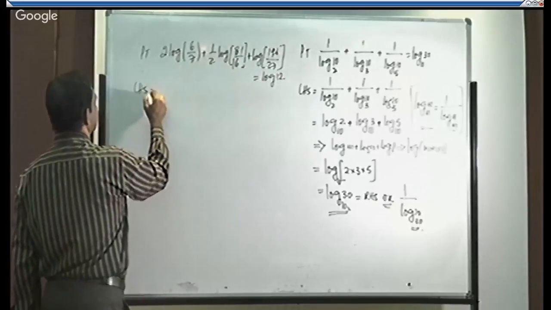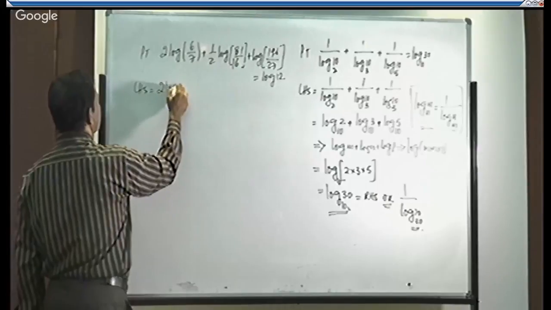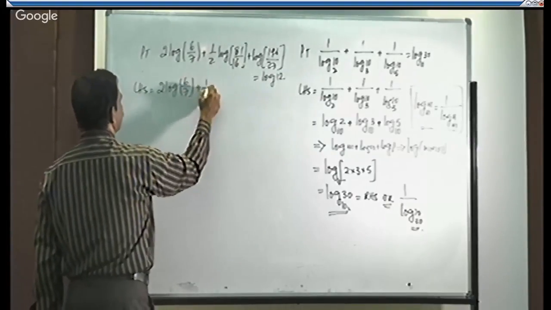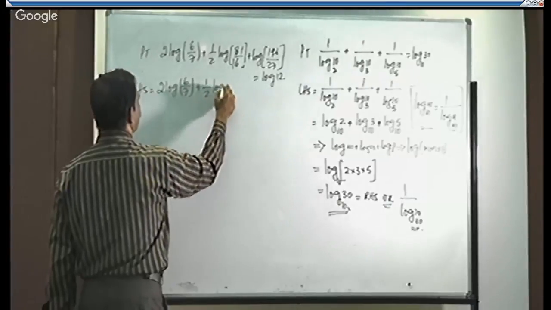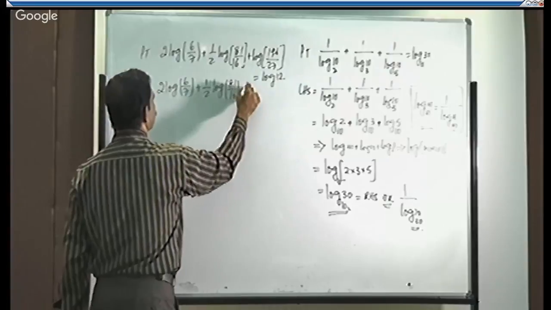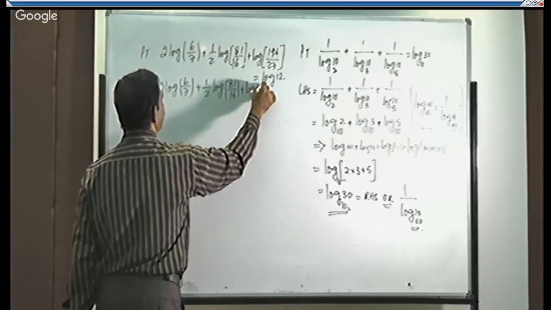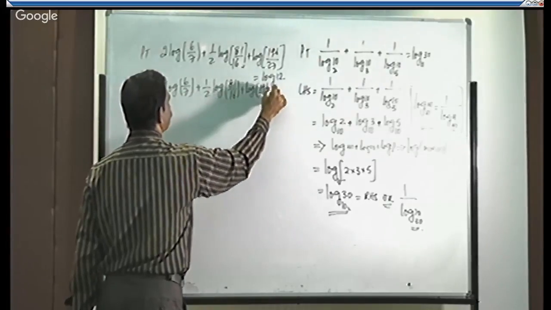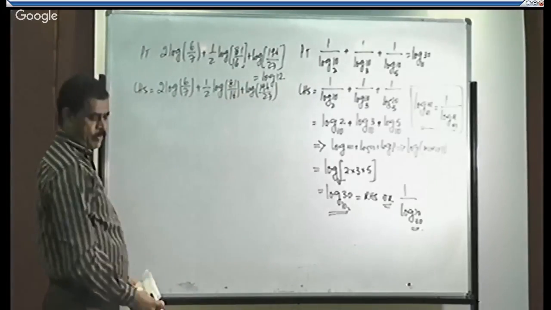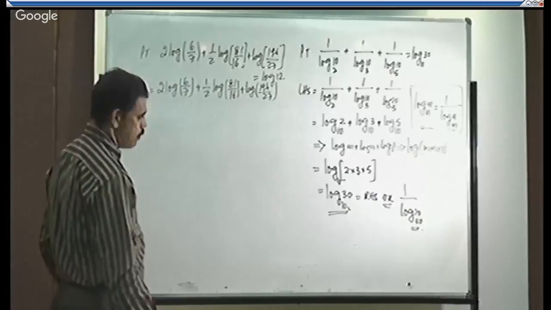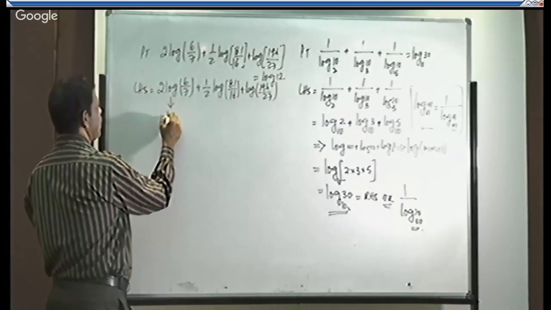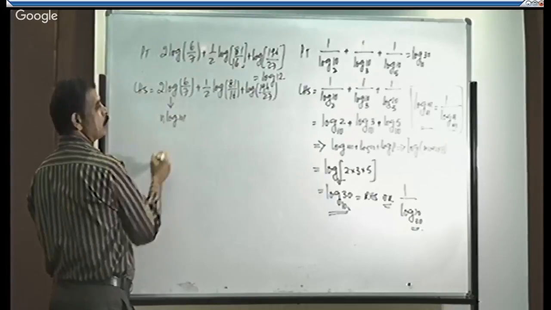Take the left hand side. What is the left hand side? 2 into log of 6 divided by 7 plus 1 by 2 into log of 81 divided by 16 plus log of 196 divided by 27. The first term is appearing like what? This is appearing like n log m form, correct?